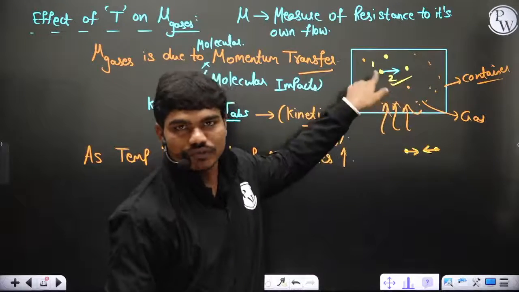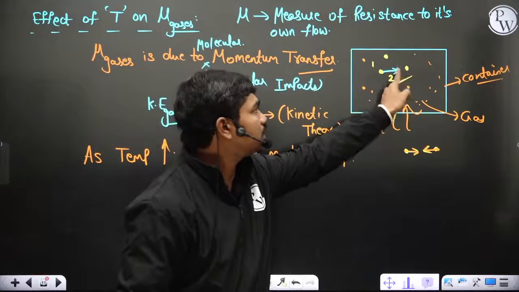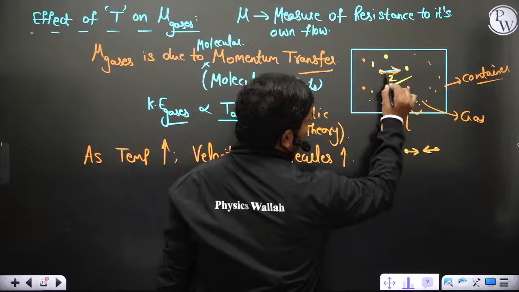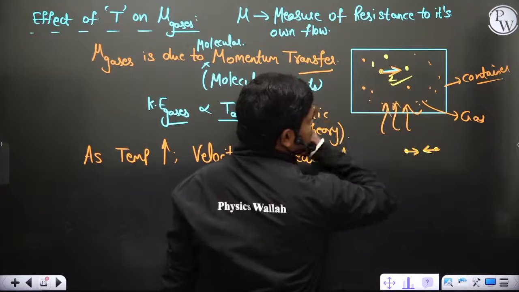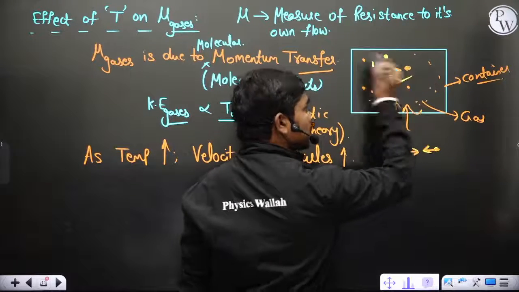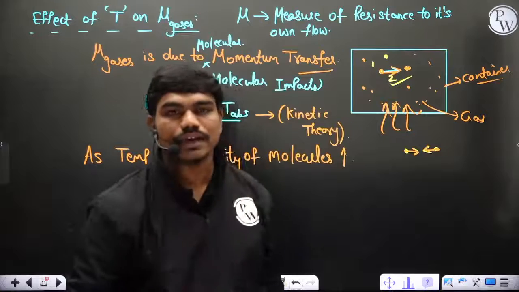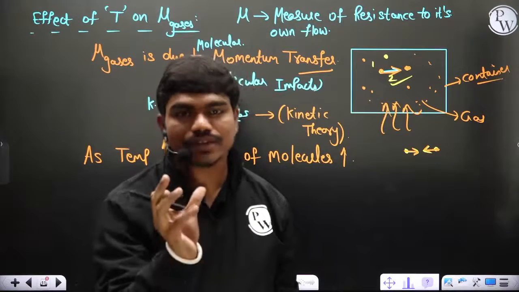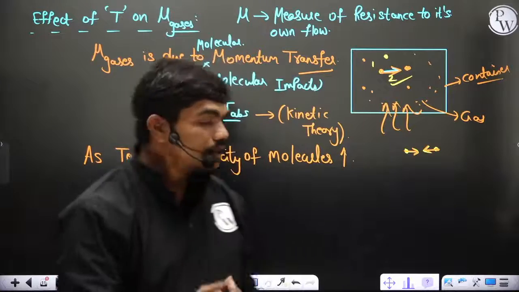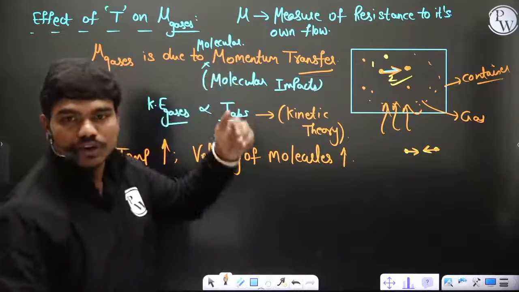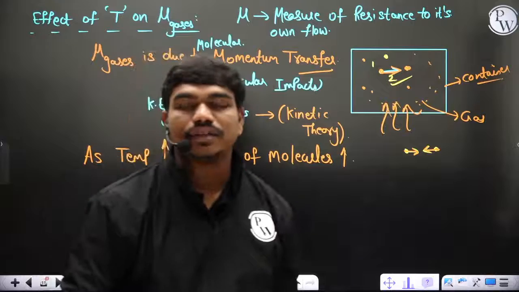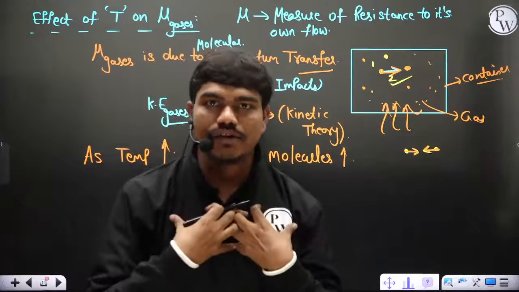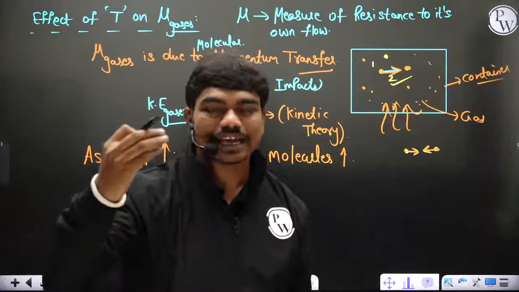The resistance to the flow depends upon the velocity of the molecule also, correct? When this molecule is moving, how much momentum is changed in it also depends upon the velocity of the molecule. So at high velocity, obviously the impacts, or the momentum transfer between the bodies, will be very large. If molecular momentum transfer is high, that means the viscosity of that gas, or the resistance that the molecules feel for their movement, is also very high at that point.